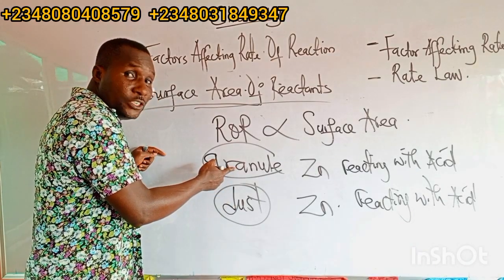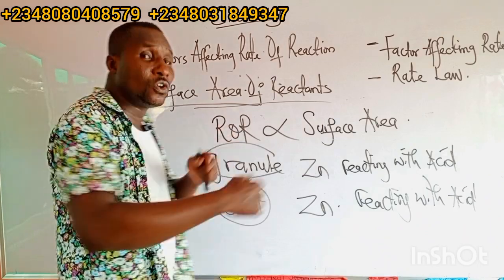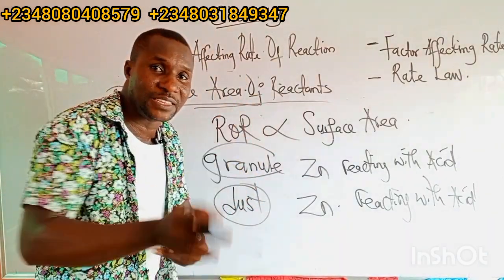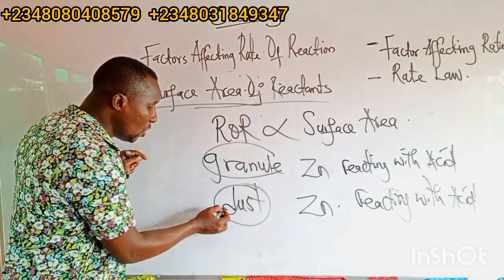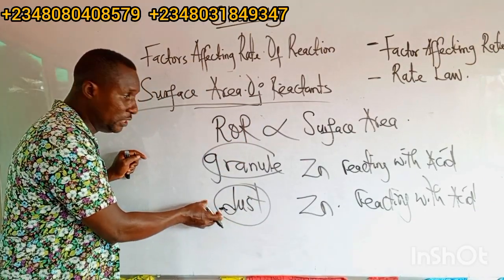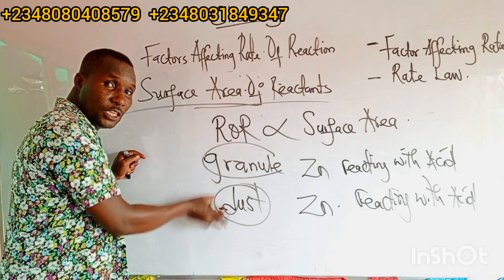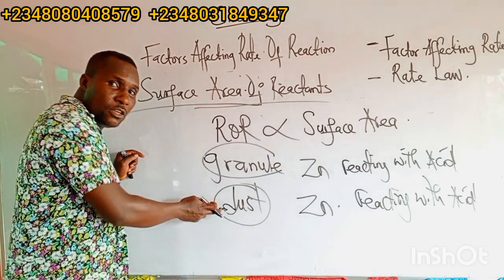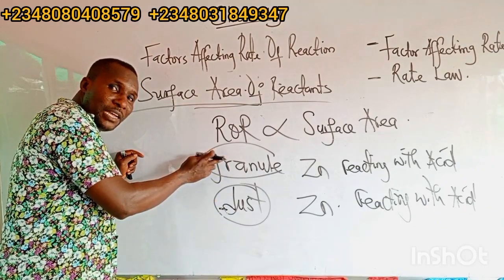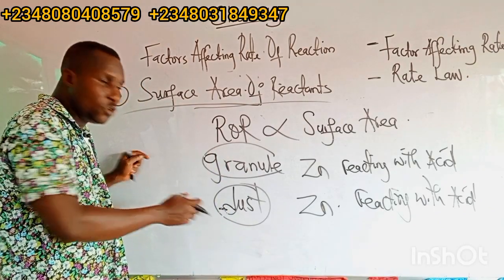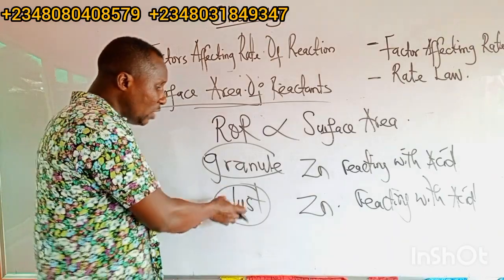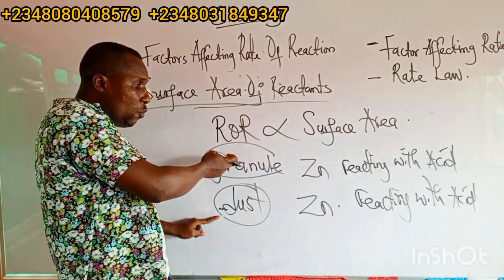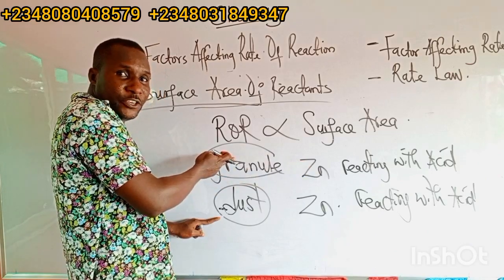And I told you, for you to increase the surface area of a reactant, you have to break down the reactant into smaller units. This one is a smaller unit of this, therefore it has higher surface area compared to this, because this one is dust. This one will react fast with the acid compared to when it is in granule.